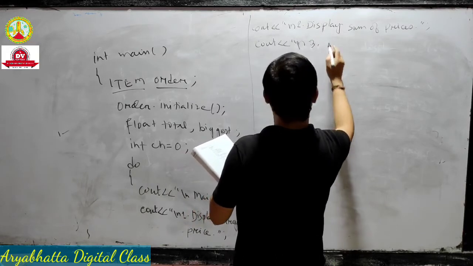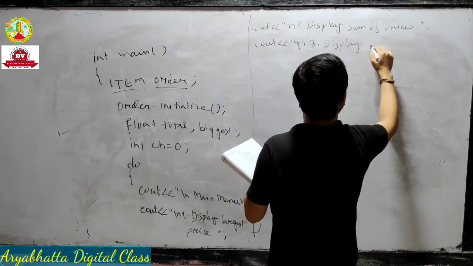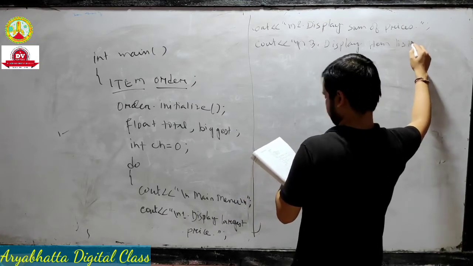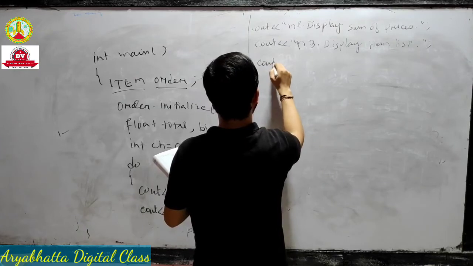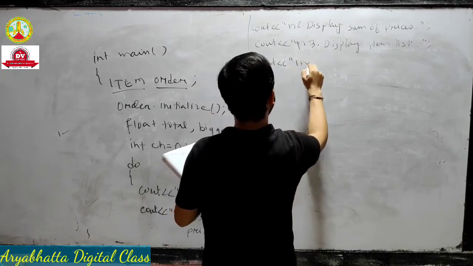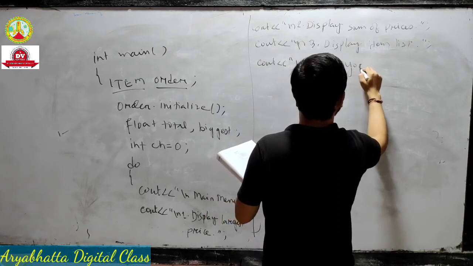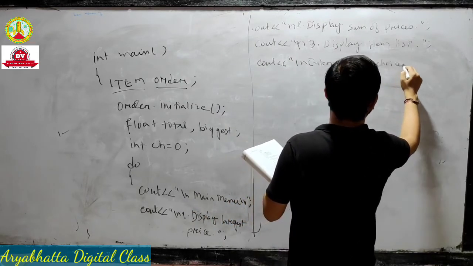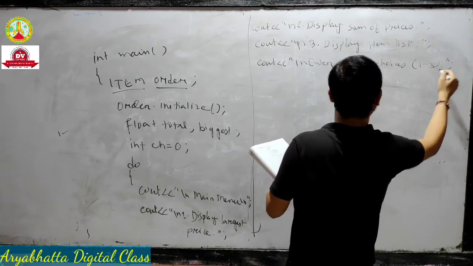This is for the printing statement, okay? Don't be confused. Display item list, and the last one is enter your choices 1, 2, 3, okay?